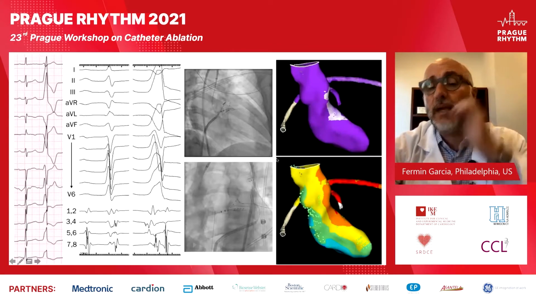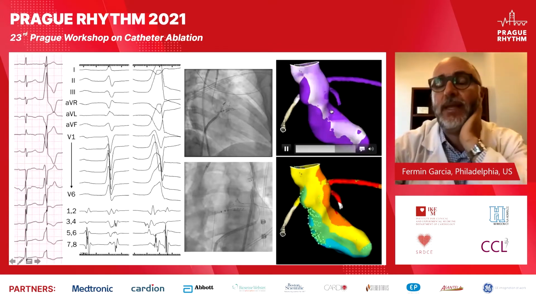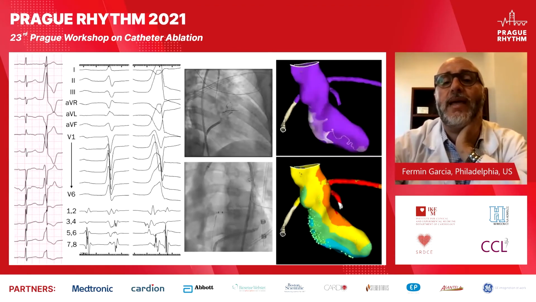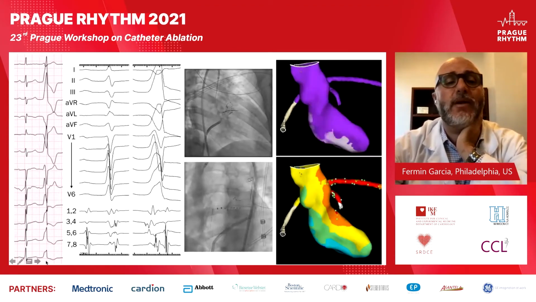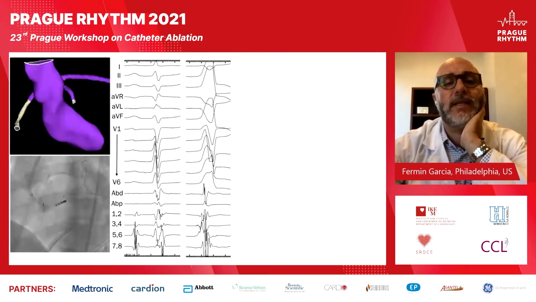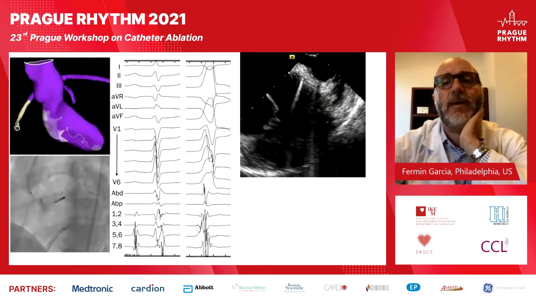So there was no way you could have defined this by mapping the endocardium or mapping the epicardium. So the high utility of venous mapping comes from utilizing this technique to find the earliest site of activation. So in this case, the earliest site of activation for this patient's PVC comes from this area, and this is the activation map for that.